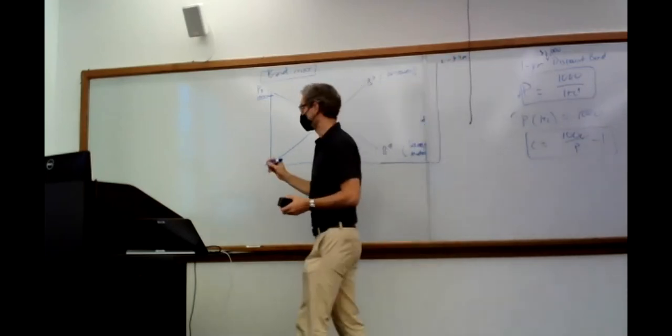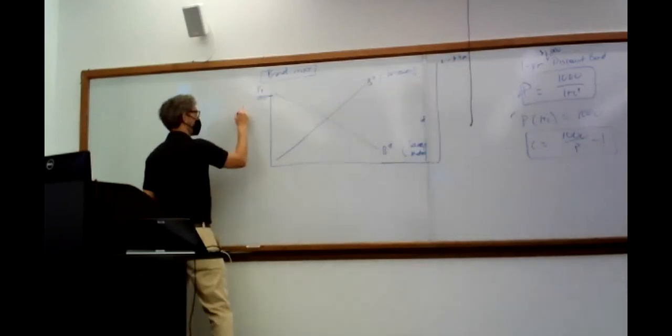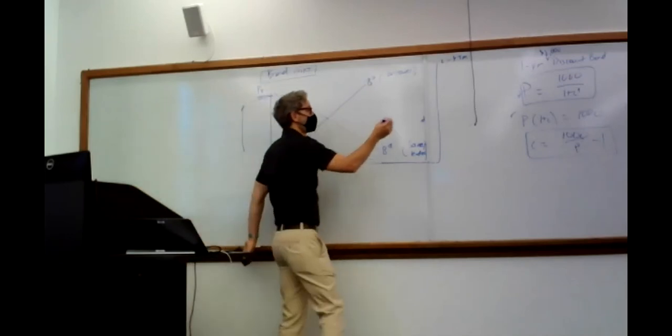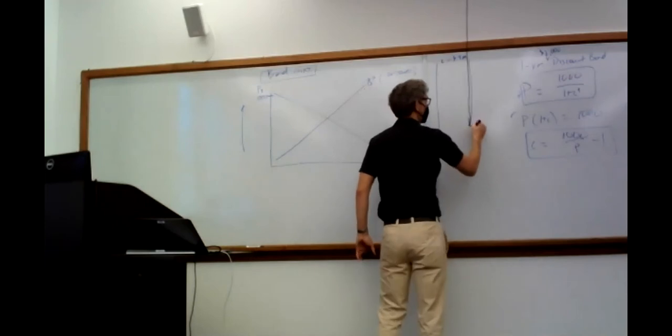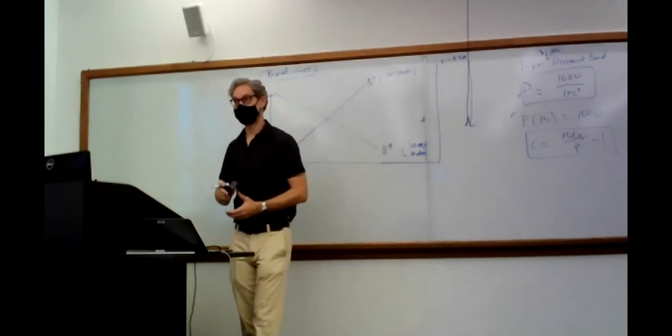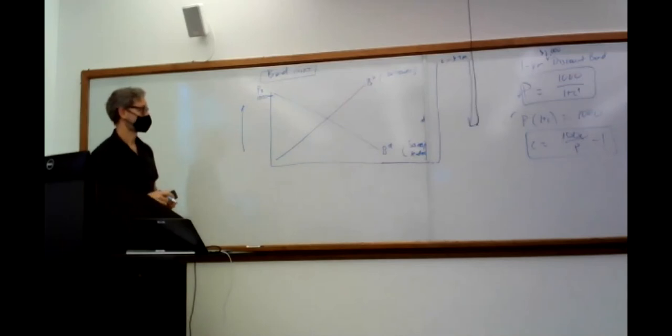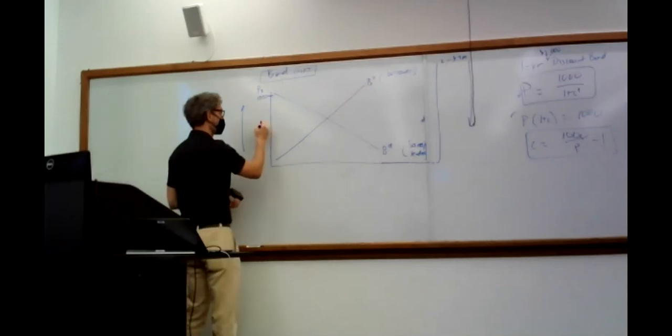But here's the trick. Bond prices moving up go in this direction on this axis. The yield to maturity gets higher by moving down on this axis.